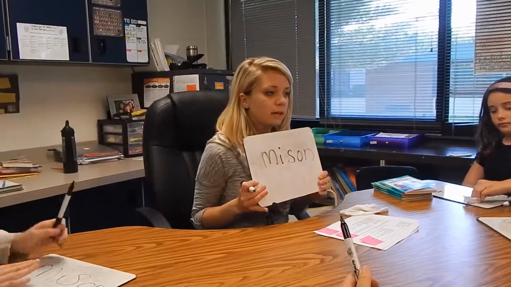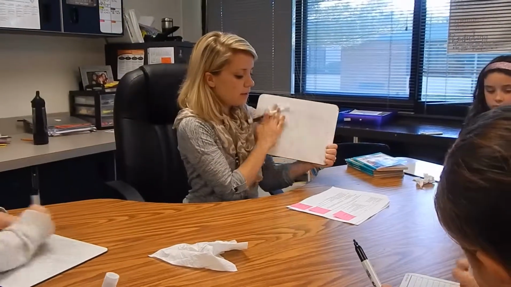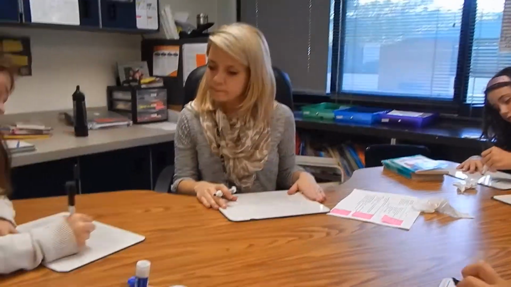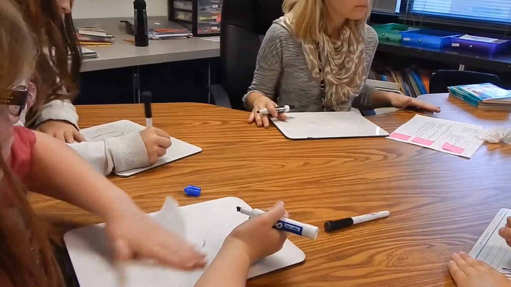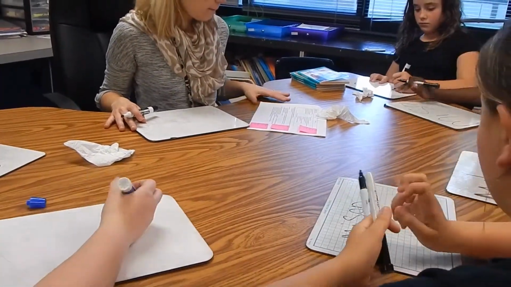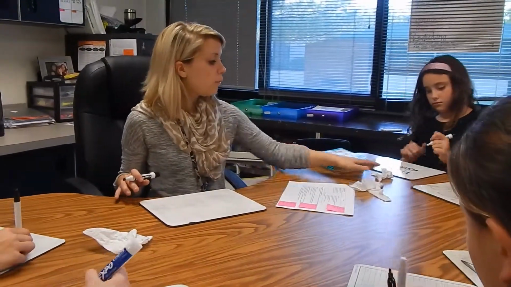Okay. And then go ahead now, erase mysan, and write mysan independently on your board. We're going to do a couple more together now, so erase those. You can keep your markers up, ready to write.